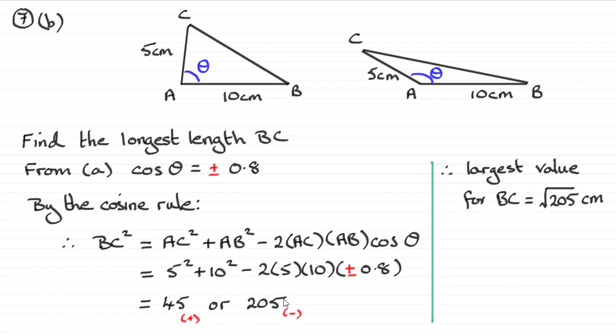So we need to take that 205 and square root it to get the largest value for the length BC. And we've got to leave it in exact form, so it's going to be equal to the root of 205, and the units would be centimeters. Don't forget those, okay? Just the root of 205 doesn't tell us anything.